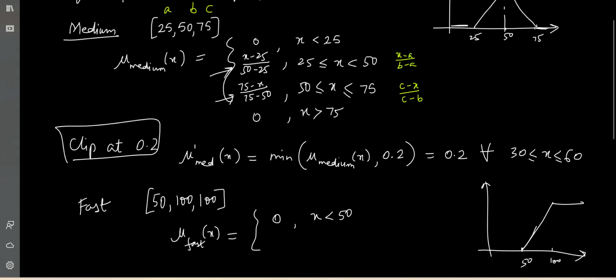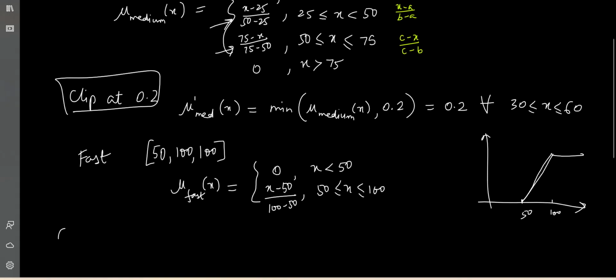So this is a rising graph only. For a rising graph we discussed x minus a upon b minus a. So x minus 50 upon 100 minus 50 for 50 less than or equal to x less than or equal to the maximum value 100. These are the two values.